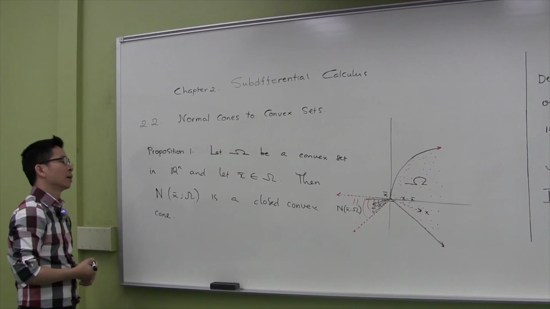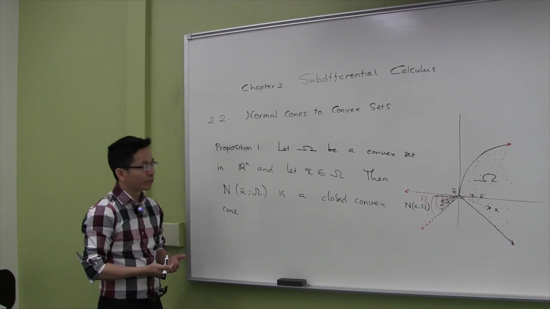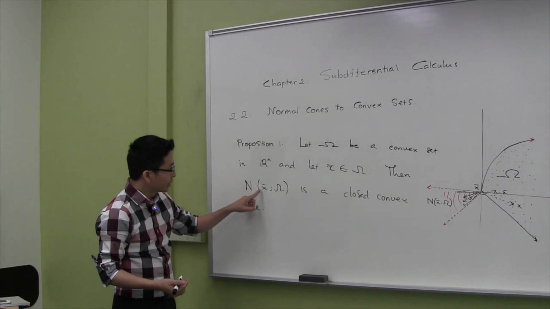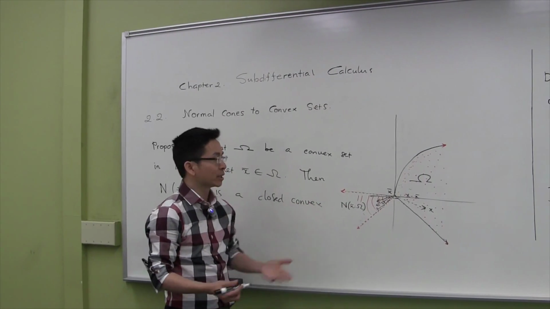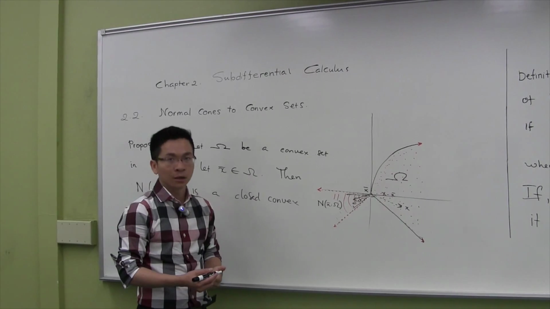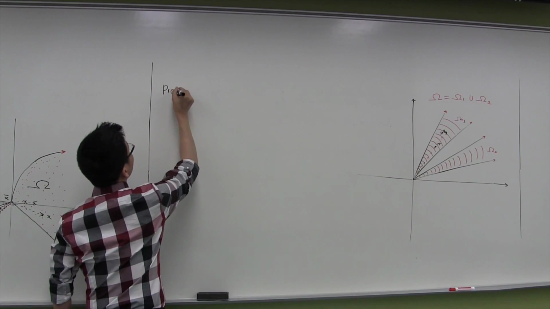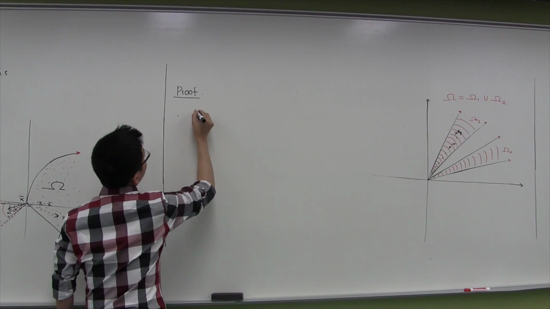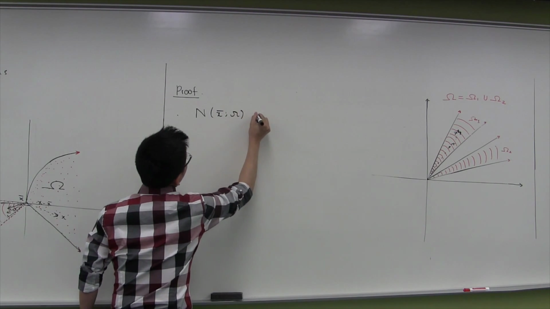Okay, so let me go ahead and give the detailed proof of this proposition. We're going to show that the normal cone itself is a cone, it is convex, and it is also closed. So in the first step, I'm going to show that N(x bar; omega) is a cone.